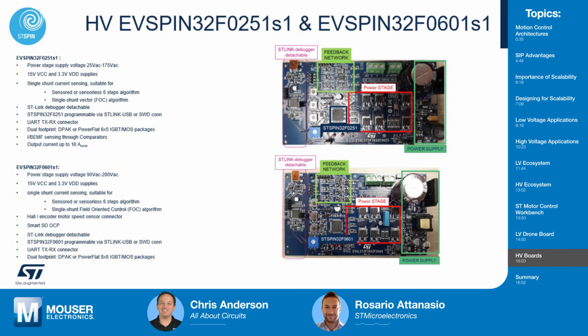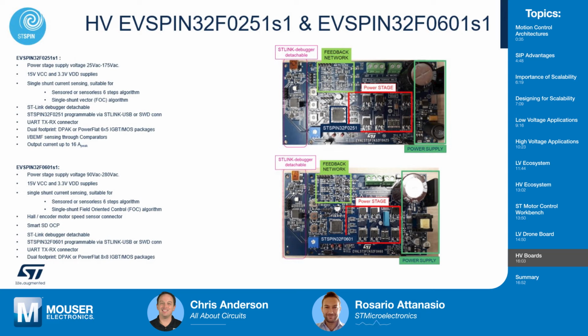If we look at the high voltage examples, here we offer two options. One is rated for input voltages ranging from 25 volts AC up to 175 volts AC, and it can be used both with the 6-step algorithm or the single shunt FOC.